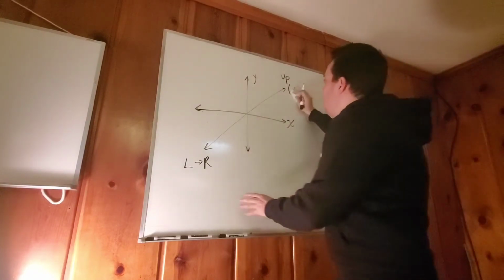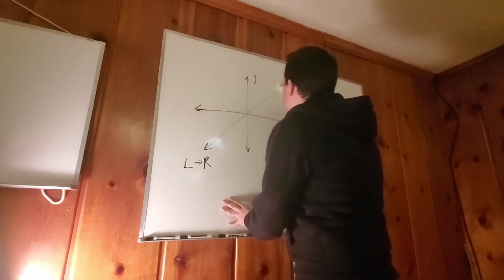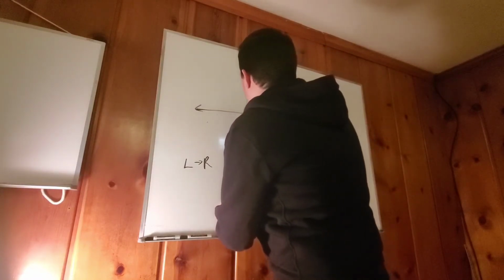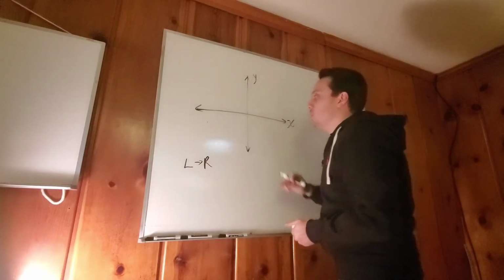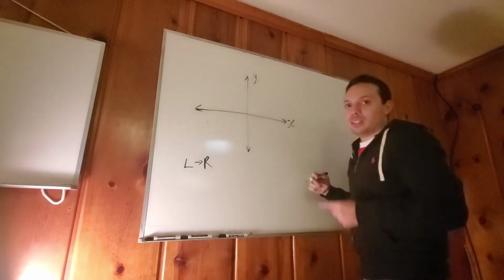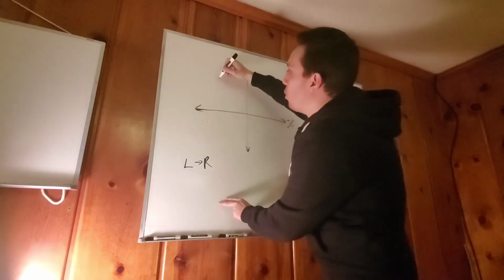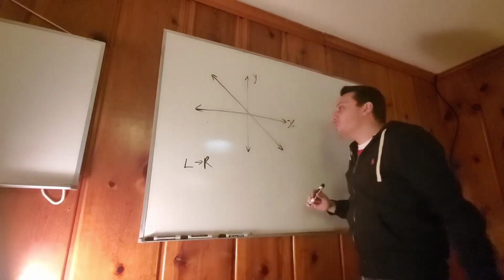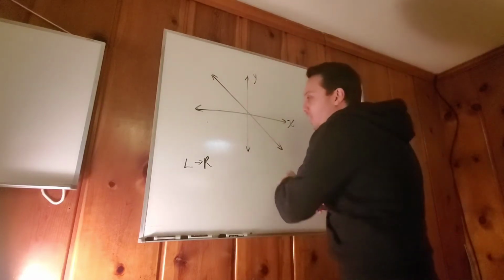So when will I say that a line is negative? Well, when I erase this, I'll show you. Perfect. So then we're going to draw from left to right.